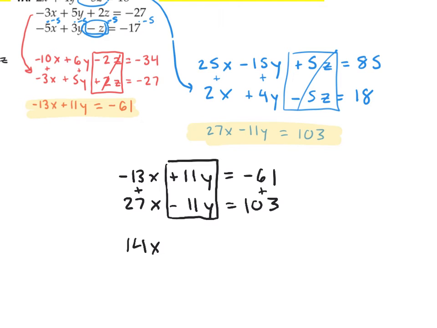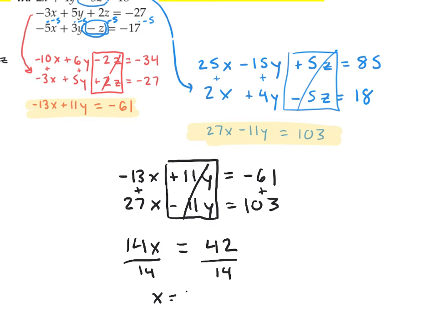And then negative 61 plus 103 is 42. What do I do to solve for x? Divide. So what do we get for x? 3.